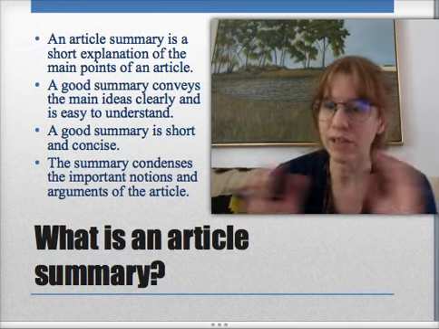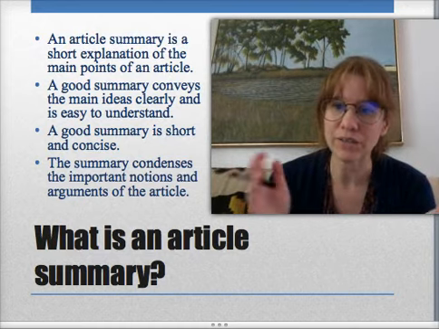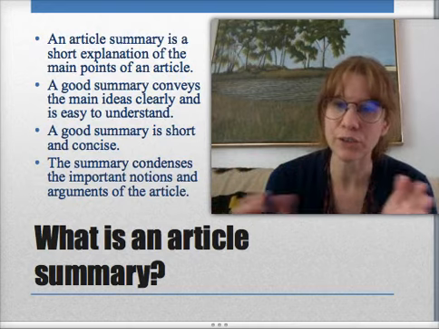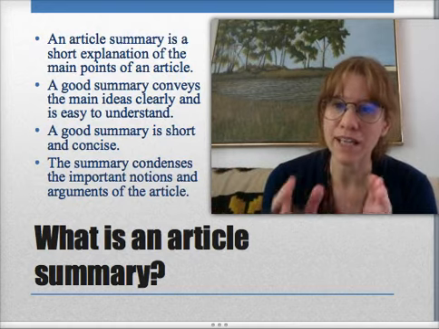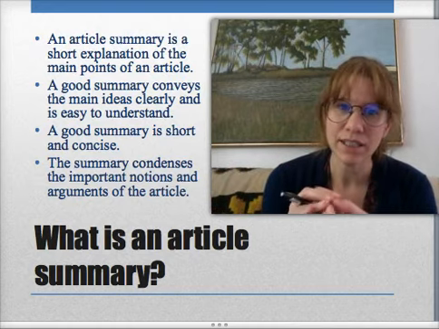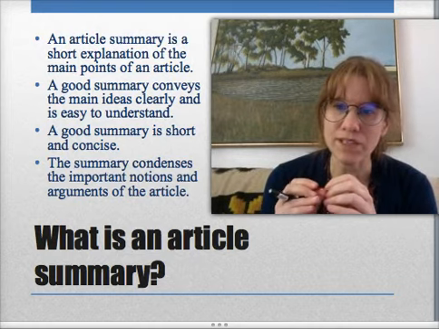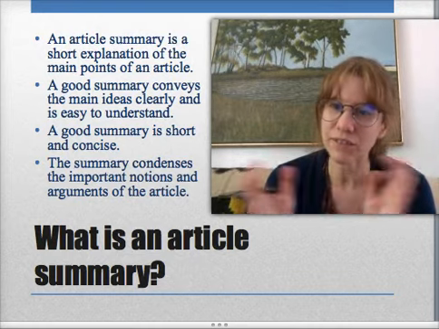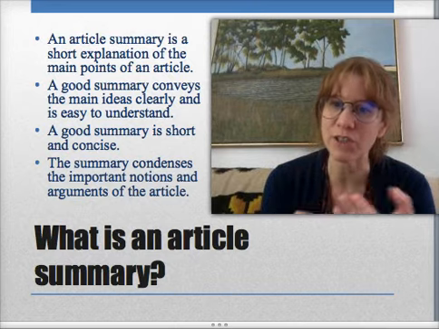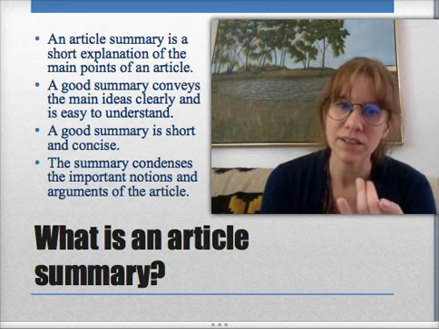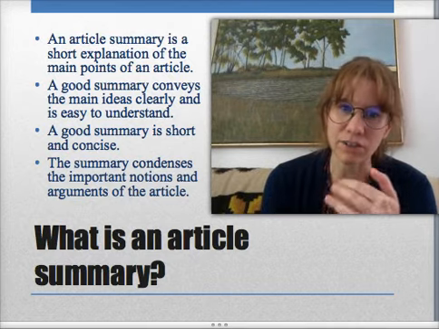You can't talk about everything, so you really have to pick and choose what you say in your brief summary. There are ways that you can do that, condensing information. So you want to really get the main argument or main idea of that article.